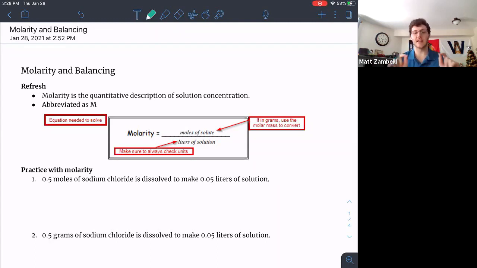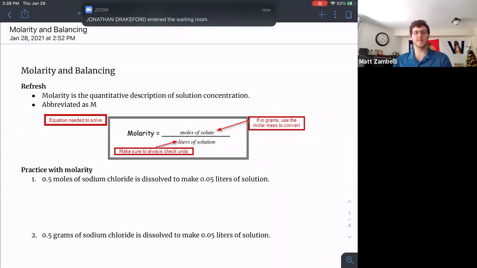And there are some key things we need to remember here. The first thing is, if we are given grams of something, we do need to convert using our molar mass. We would need to convert from grams to moles before we can use it in our equation.